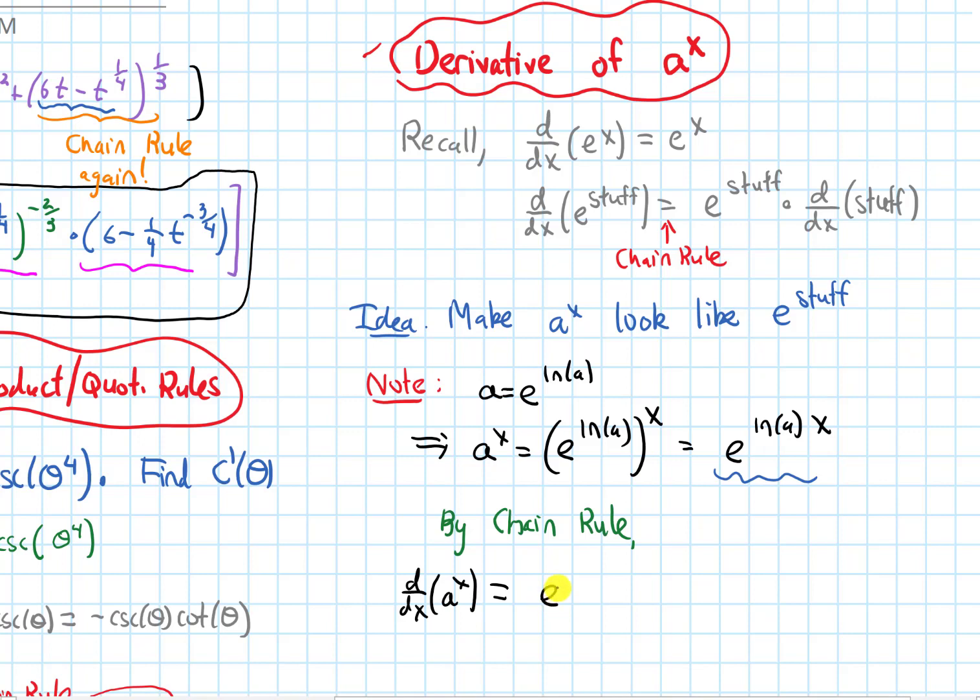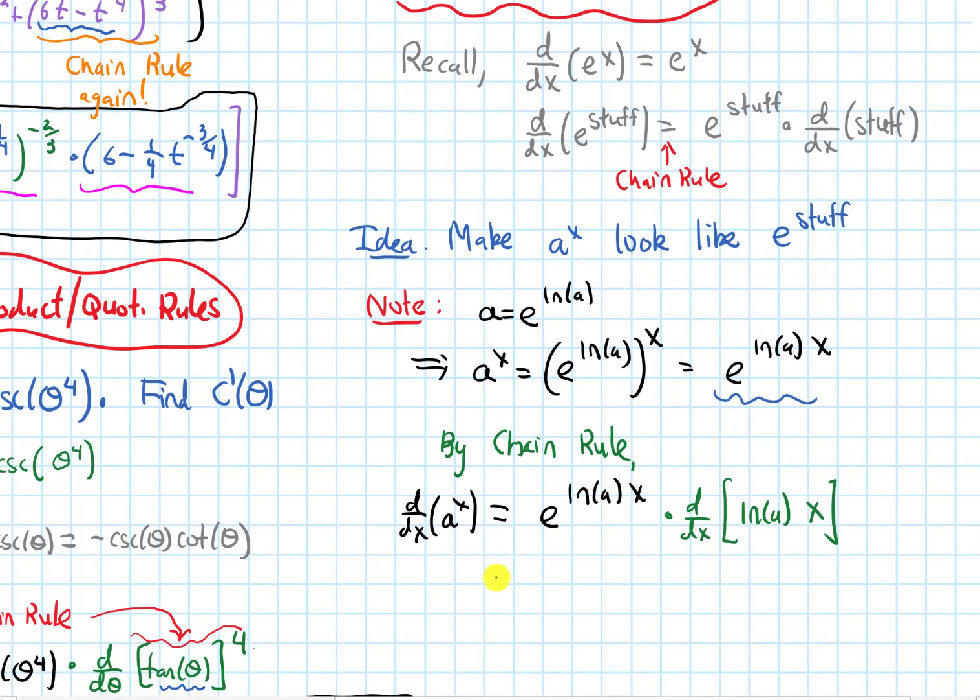And that's going to be e to that stuff, ln of a times x, times the derivative of that stuff, the derivative of ln of a times x. Okay, so this is going to be equal to e to the ln of a times x, and then times this derivative. But one important thing to keep in mind is a is just some number. So ln of a is just some number as well.